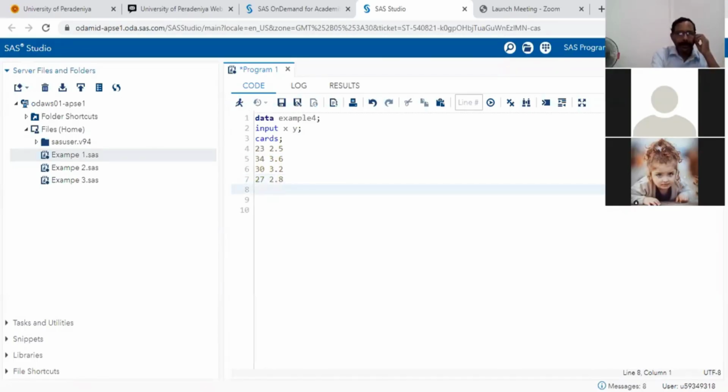Then 26, giving a yield 2.6. 32, giving a yield 3.3. As an example, I'm just cooking the data.